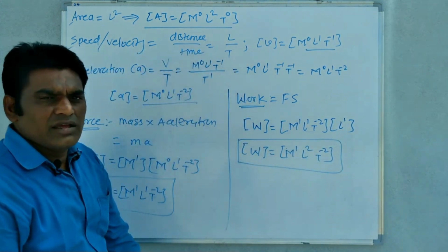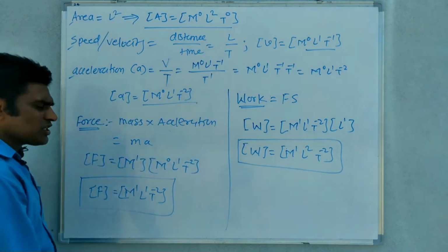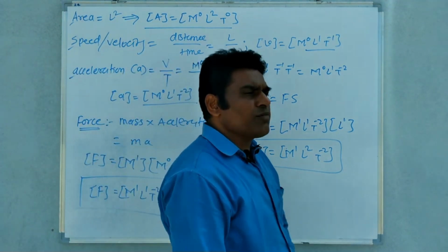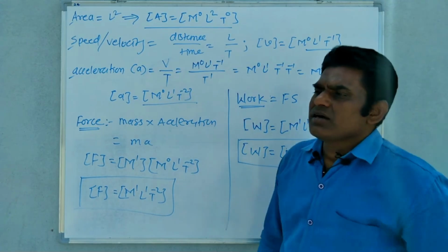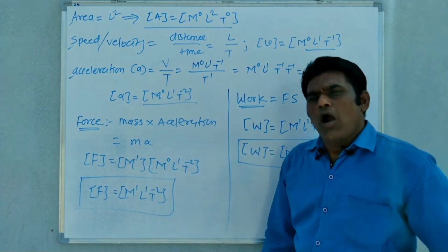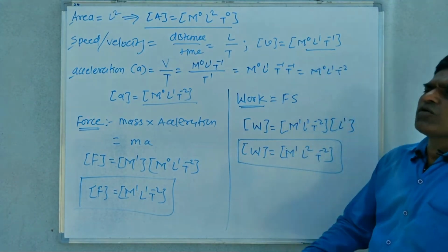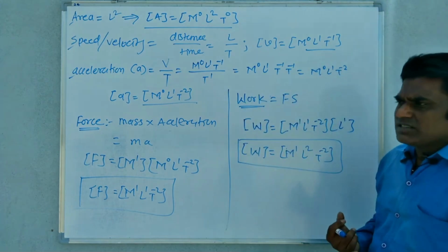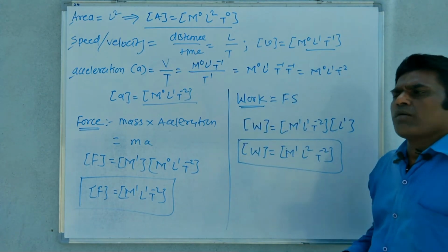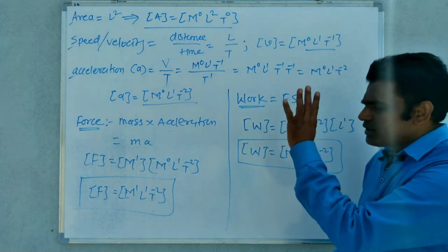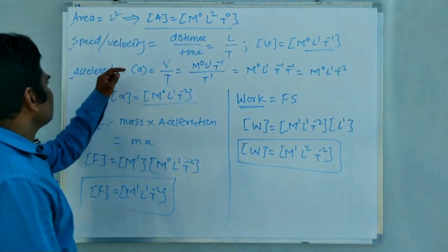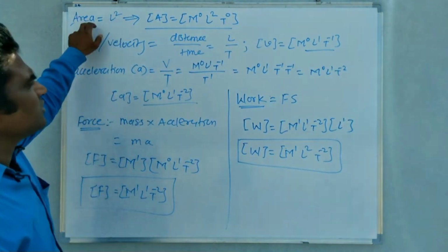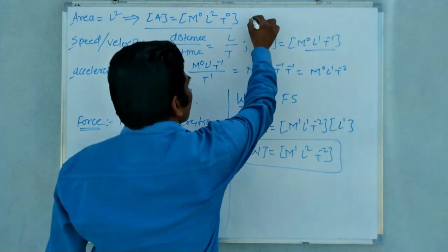So, these dimensions we have calculated by using formulae, and from that you can calculate the units of the physical quantity. Or if you know the unit of a physical quantity and do not know the formula, no problem, from the unit also you can calculate the dimensions. What is the unit of area? Meter square.